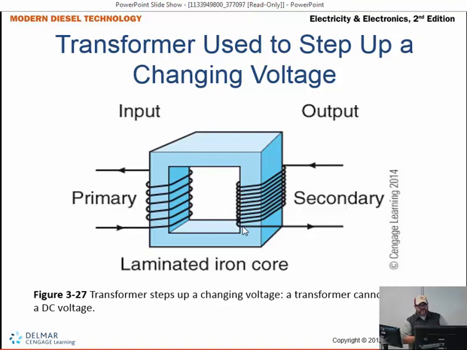So transformers are used to step up a changing voltage. One place we see transformers used on a pretty regular basis is our alternator. Okay, we're alternating current.